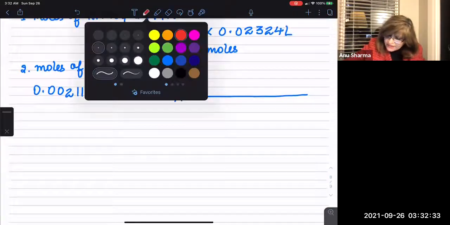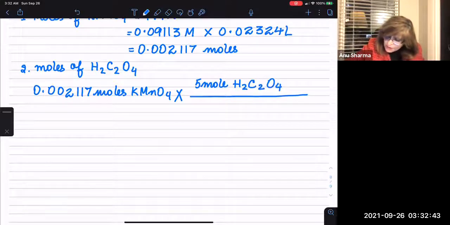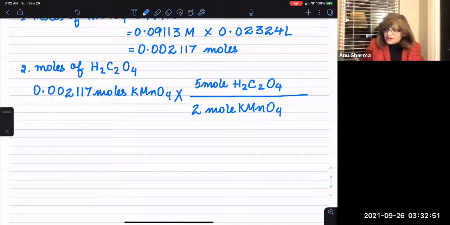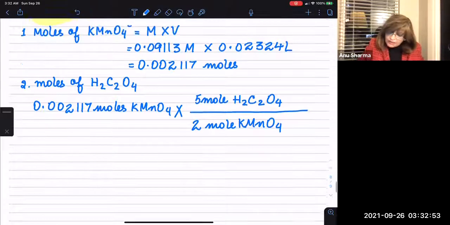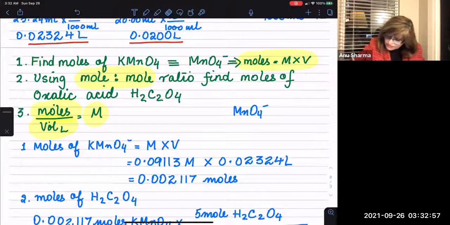So we see here 5 moles of H2C2O4, oxalic acid, over 2 moles of MnO4 negative. I'm going to just put K here. Okay, I'm just thinking, I don't want to confuse you, this one was erased.